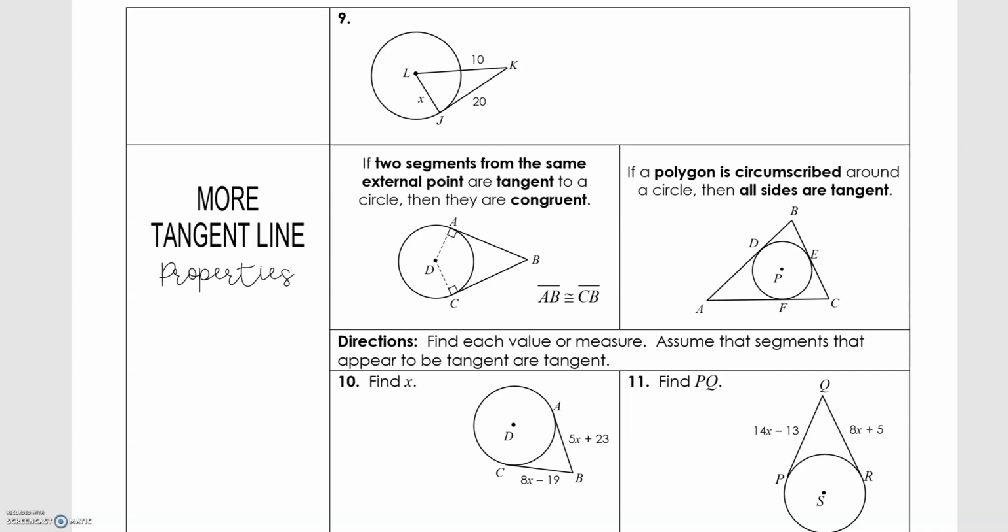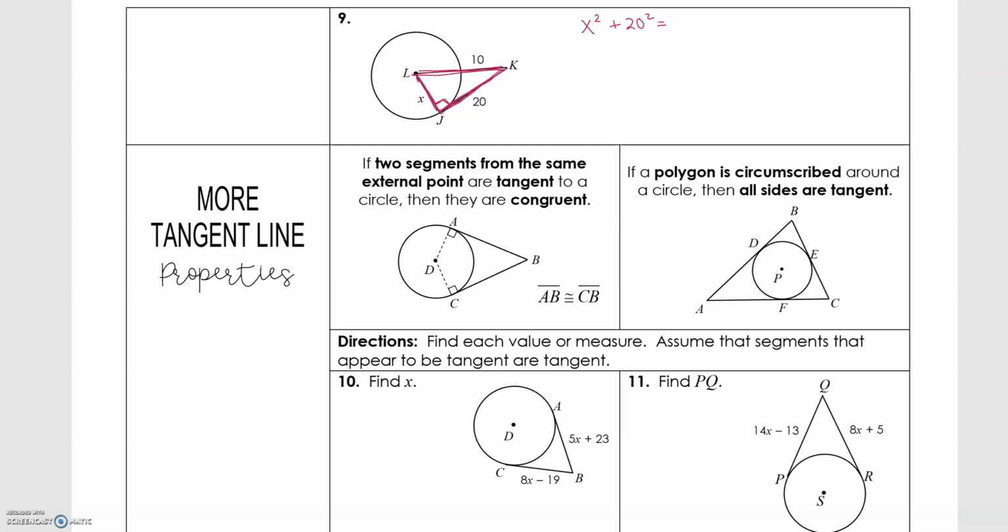Okay, so remember, if this JK is tangent to the circle, there's a right angle, so I'm gonna set it up as x squared, which is one leg, and then the other leg is 20 squared equals the hypotenuse squared.